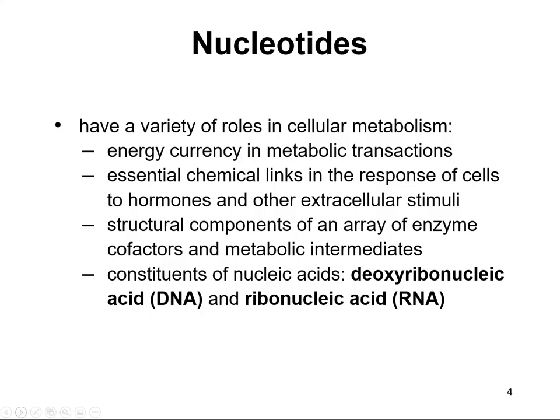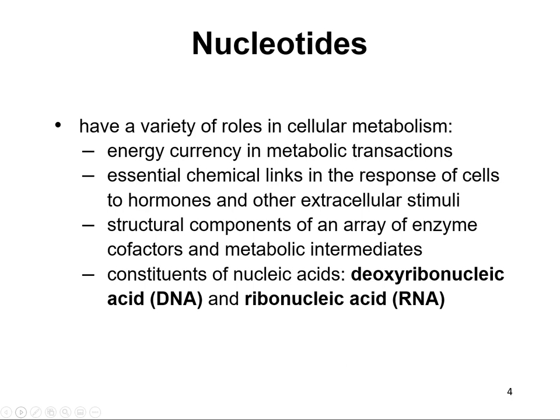So first, nucleotides. They have a pretty varied role in metabolism. So you'll see nucleotides used as energy currency in metabolism. They also provide essential chemical links in the response of cells to hormones and other stimuli.